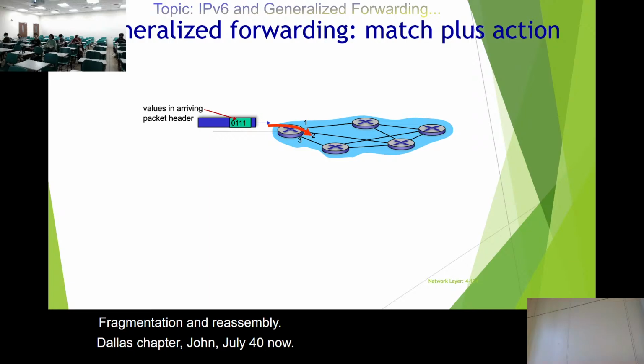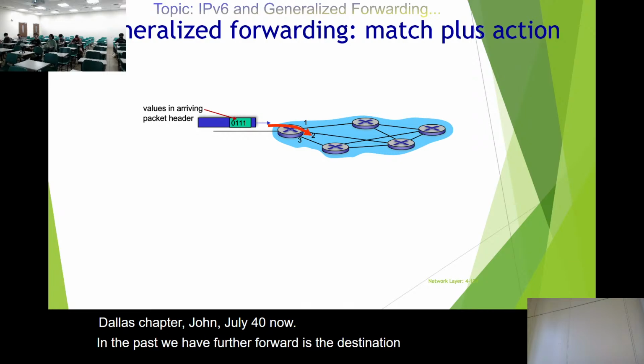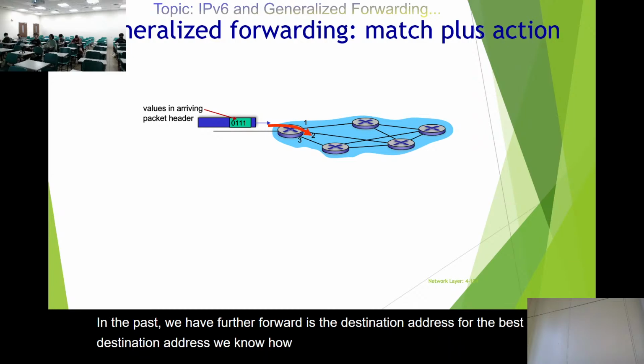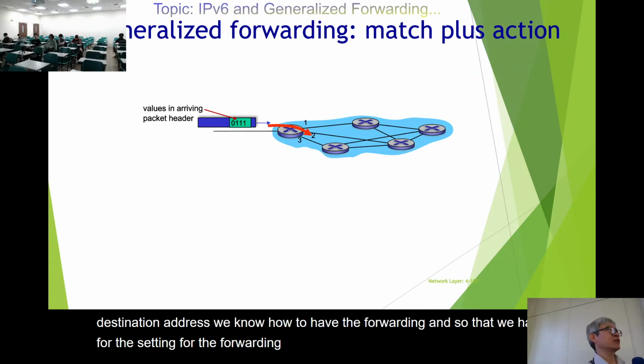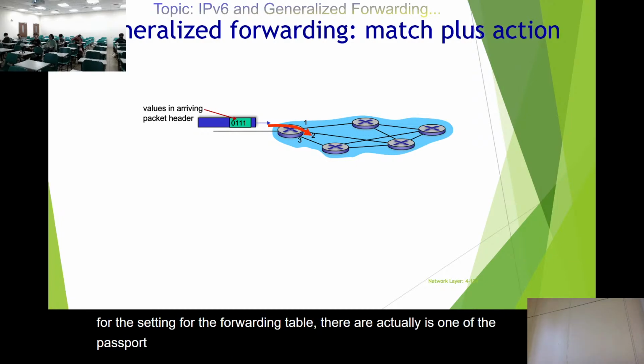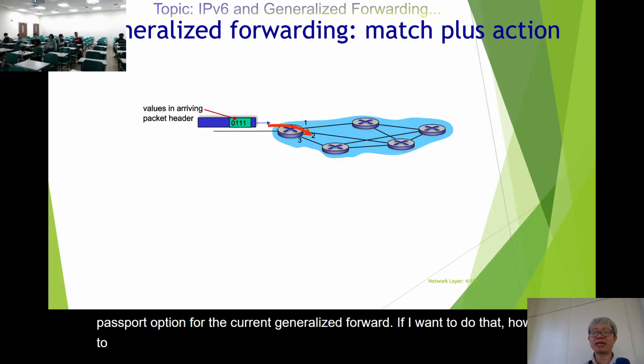In the past, we have the forwarding. It's the destination address forwarding. Based on destination address, we know how to have the forwarding. And so we have the setting for the forwarding table. That one actually is one of the possible options for the current generalized forwarding. If we want to do that, how to have the generalized forwarding?